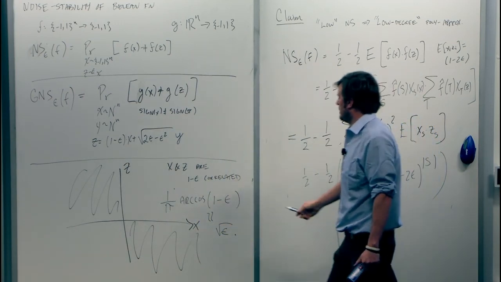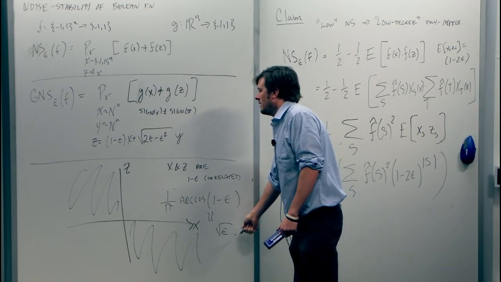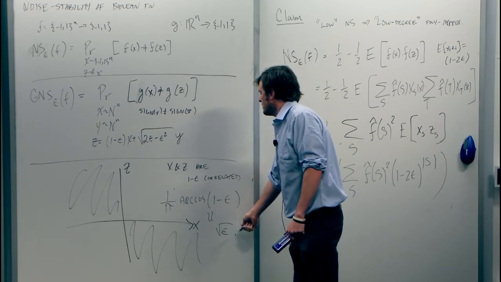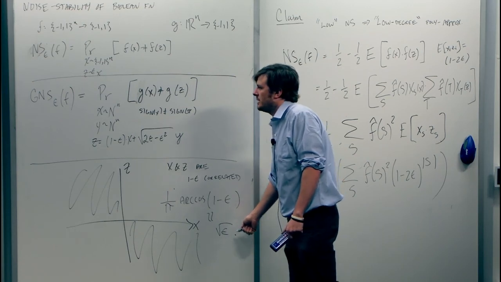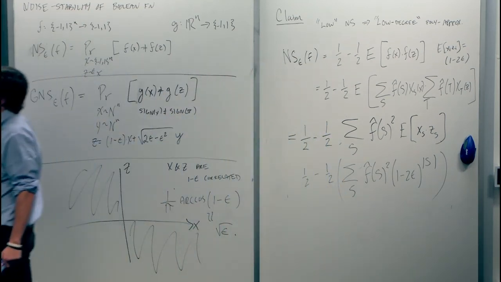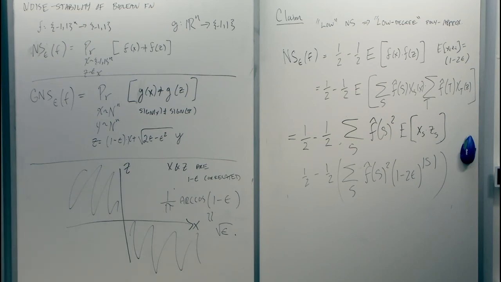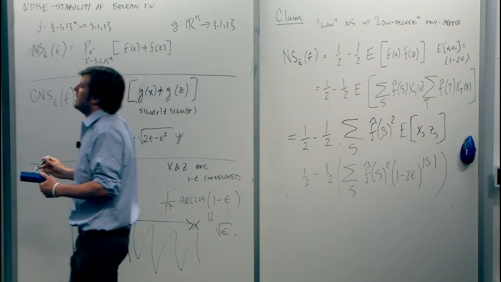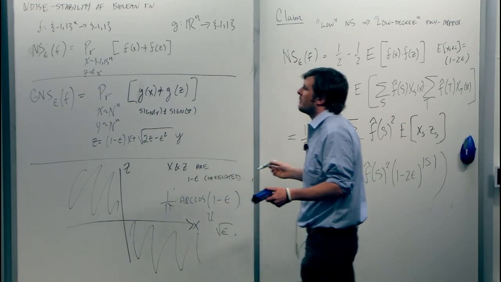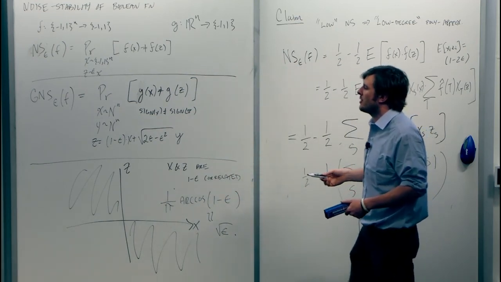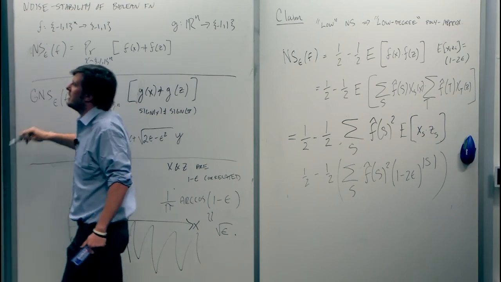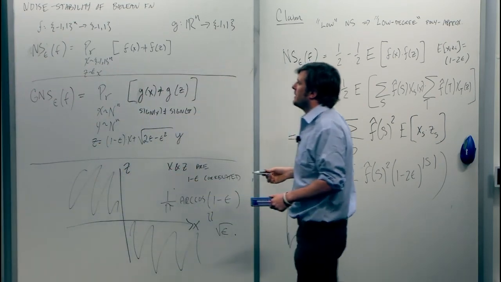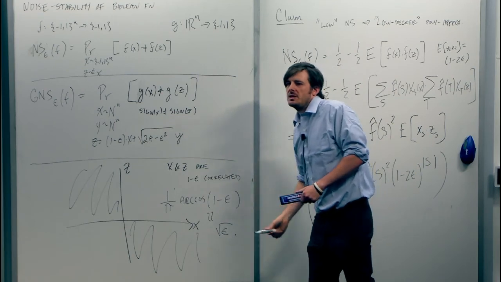So you'll get immediately that the Gaussian noise stability of a half space is at most square root of epsilon. By this relationship, that implies that there's a degree 1 over epsilon squared Hermite polynomial that approximates the half space. And so that recovers this proof that we did that looked at the integrals of Hermite polynomials. It falls out immediately.